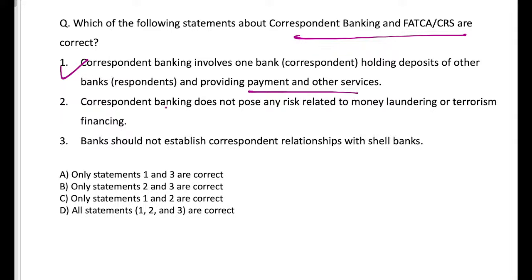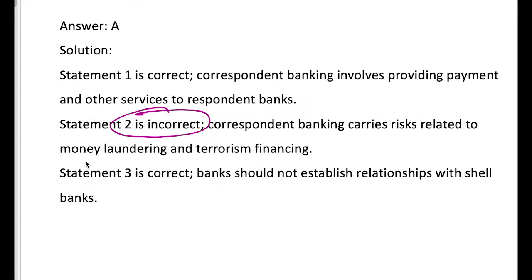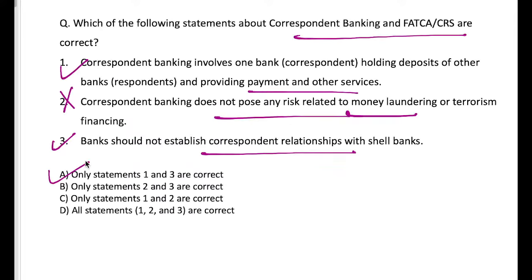Second statement, correspondent banking does not pose any risk related to money laundering. Third, bank should not establish correspondent relationship with a shell bank. Again, this is true. So 1 and 3 means option A will be the right answer. B is what? 2 and 3, no. 1 is correct, 2 is wrong.